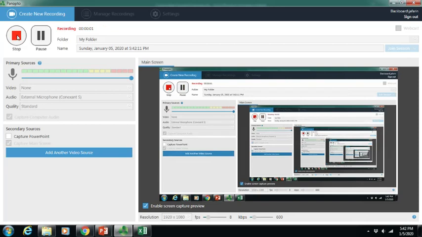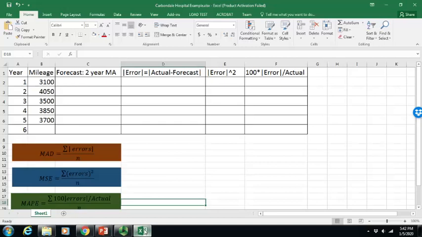In this video, I'm going to show you how to measure forecast error. We work on the Carbondale Hospital example. The hospital is considering the purchase of a new ambulance. It wants to anticipate driven mileage for next year.